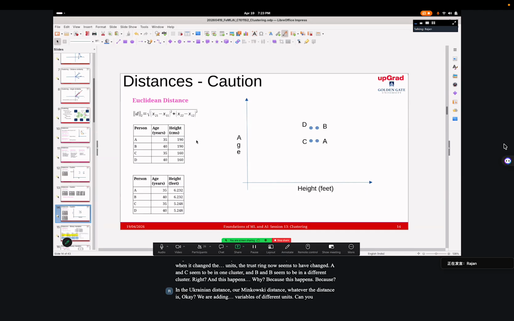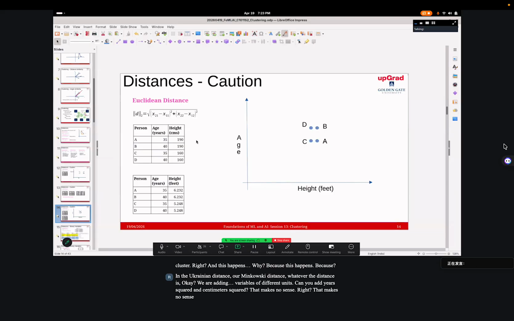Can you add year squared and centimeter squared? That makes no sense. You cannot add years to centimeters. So we need to bring them all to a standard pedestal.